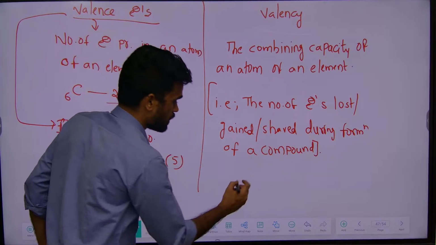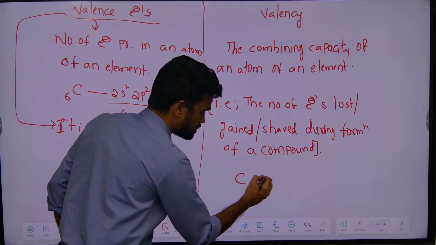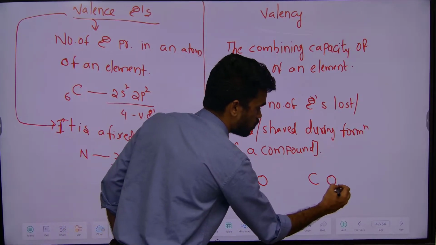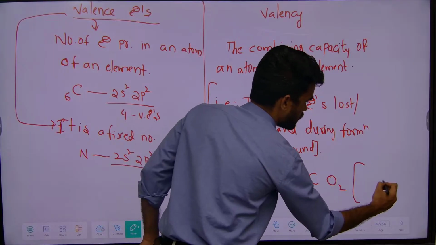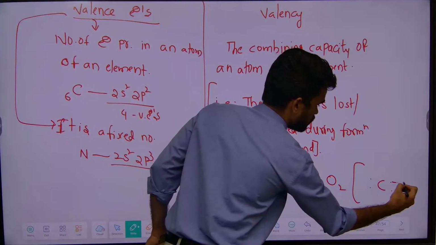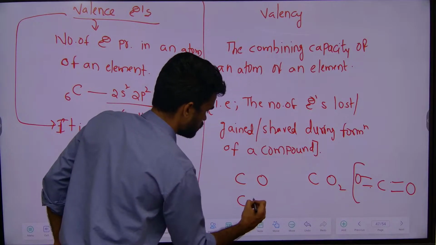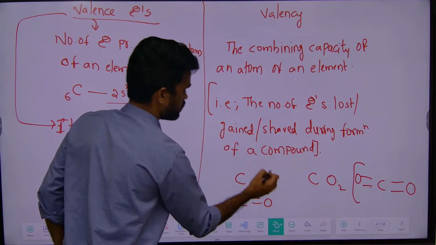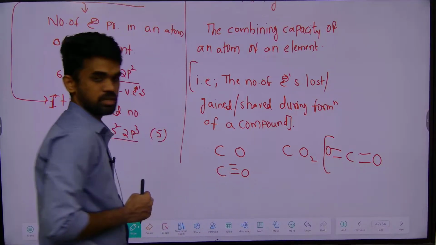For example, here I am writing carbon can form CO and can form CO2. Okay, so in the CO2 molecule, if you write it like this, if you observe, there are 3 bonds also.